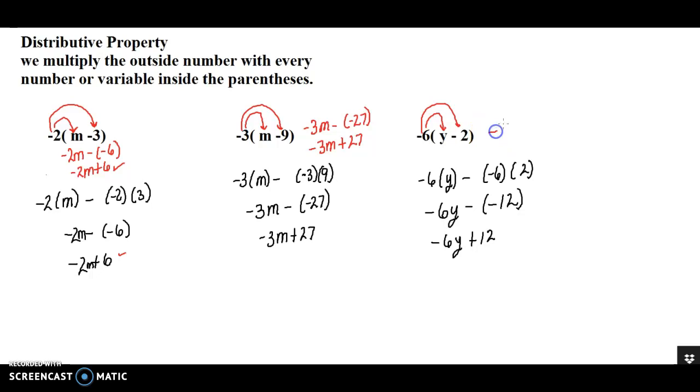Negative 6 times y is negative 6y, minus a negative 6 times 2, and that would be a negative 6y minus a negative 12, which is a negative 6y plus 12. Same thing I got here.